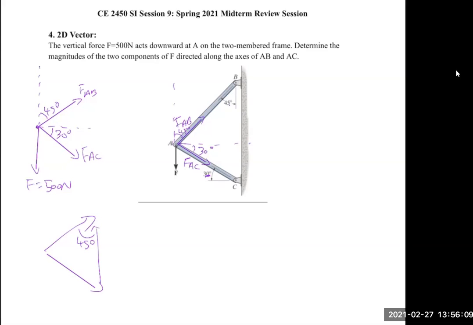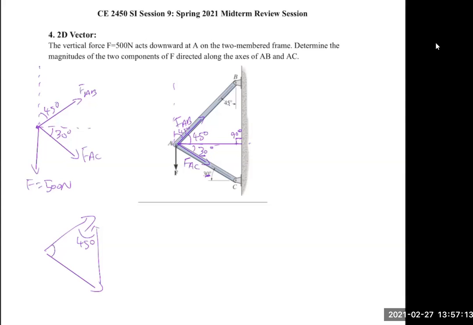And this is 45. And let me see, did I miss anything? Hold on, guys. Okay, I see. So this is 30 degrees right here, this one. And then I know that this will be 90 degrees. And then this will be 45 degrees because they have to add up to 180 degrees.